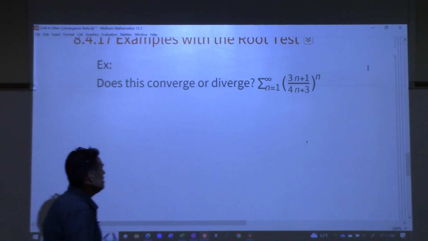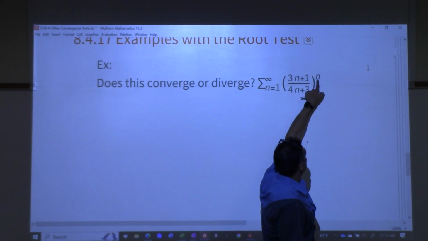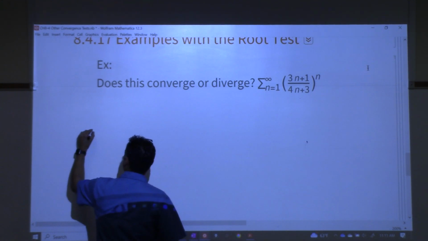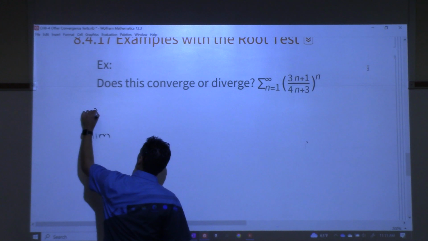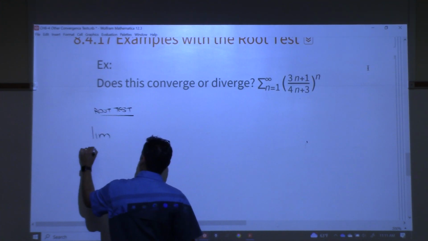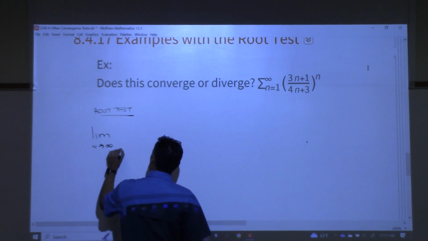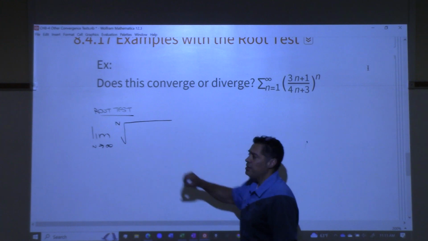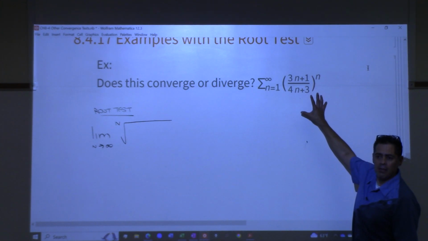All right, so I see this nth power here. And so the root test says that what I can do is take the limit as n goes to infinity of the nth root of whatever I see there.